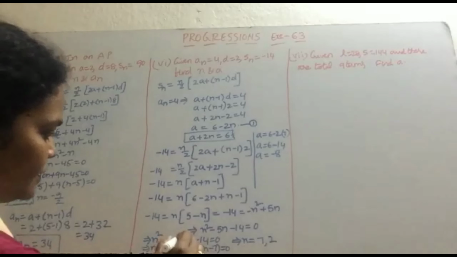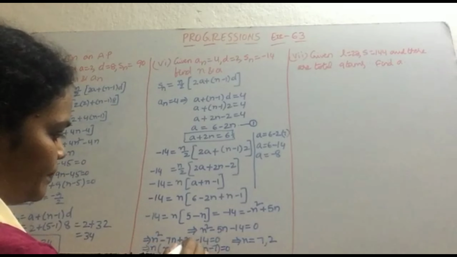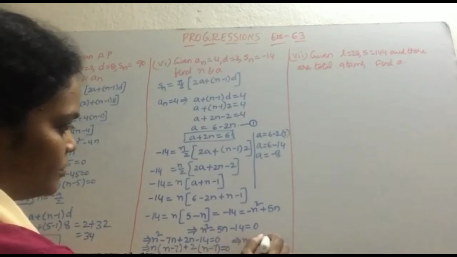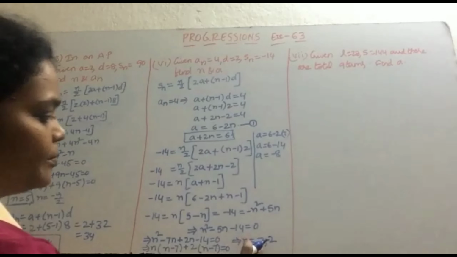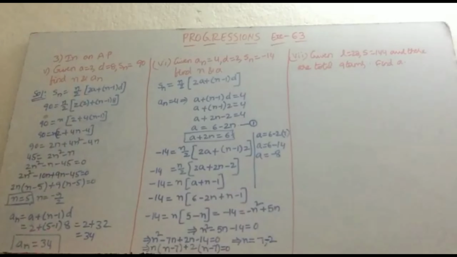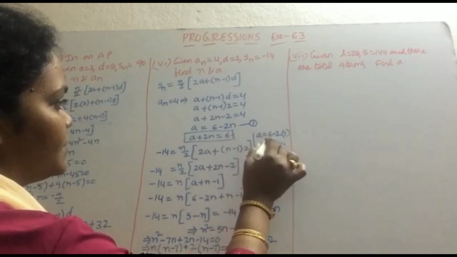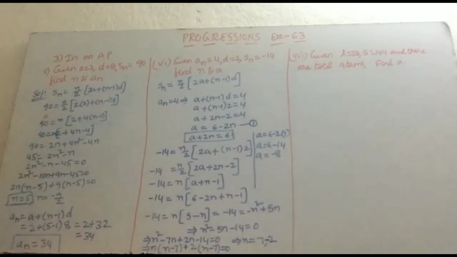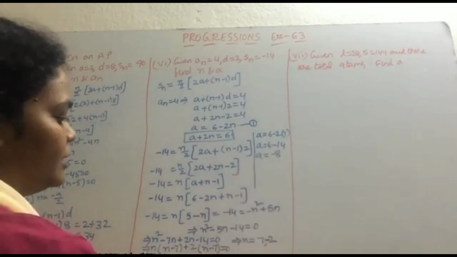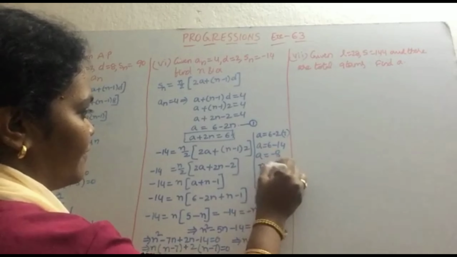Sorry, here I will take minus 7n plus 2n. So n is equal to 7 comma minus 2, but we will take n is equal to 7. Substitute n in this equation, then a is equal to 6 minus 2 into 7. So a equal to 6 minus 14, a is equal to minus 8, and n is equal to 7.